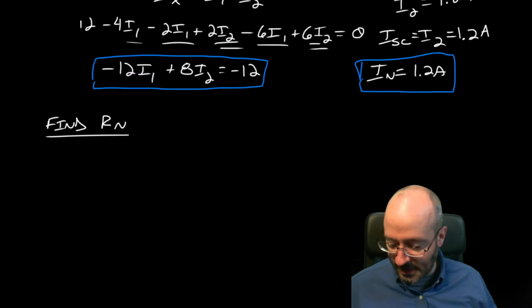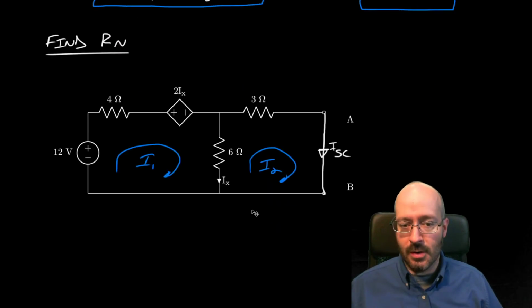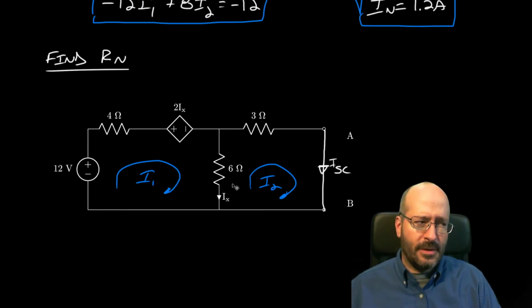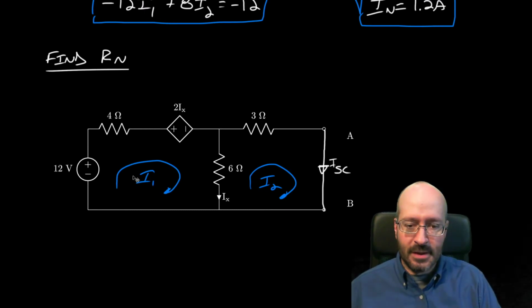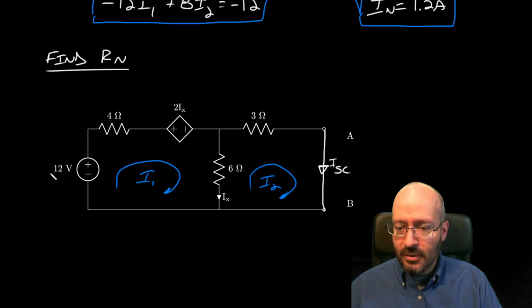There's a dependent supply in here already, so we're stuck with method 2 or method 3. For this circuit, I'm pretty sure I did method 2 when we were doing Thevenin on it. So why don't I do method 3, just to switch it up a little bit and give you something a little different.